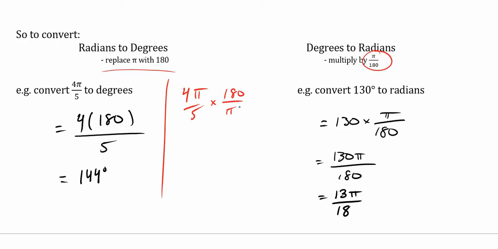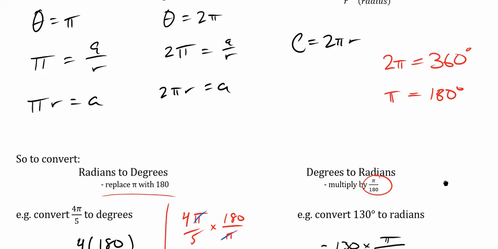To go one way, you do one; to go the other way, you multiply by the reciprocal. I hope that's clear. And then those would cancel, and so you're left with 4 times 180 divided by 5. But the shortcut is just replace and go, and the reason is that it's the conversion factor. We good?